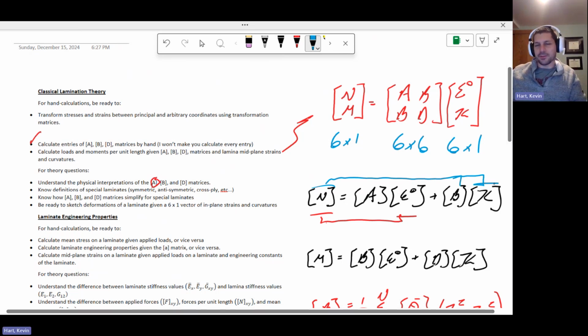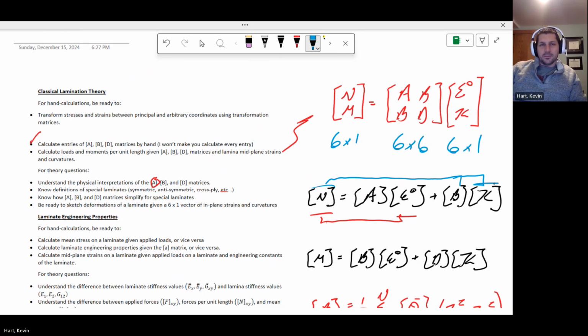This is the weird one that happens with composites. Isotropic materials don't have this B matrix; the B matrix for isotropic materials is zero. One is relating in-plane loads, N, to curvatures, which might exist in the laminate. So that's a strange thing. Imagine pulling on a laminate and then it curving somehow. That just happens with composites that have non-symmetric stacking sequences. So that's one thing that the B matrix does.